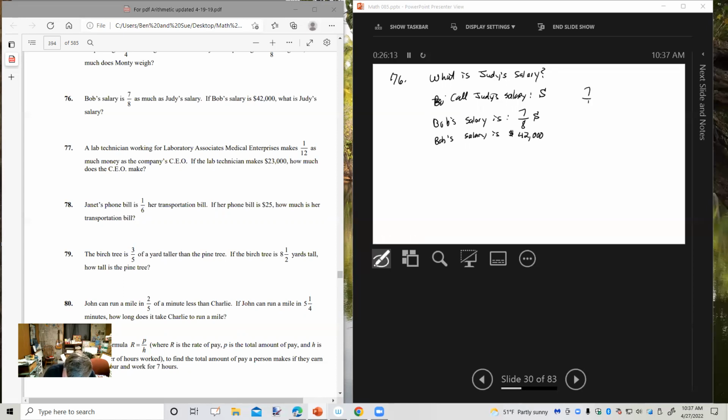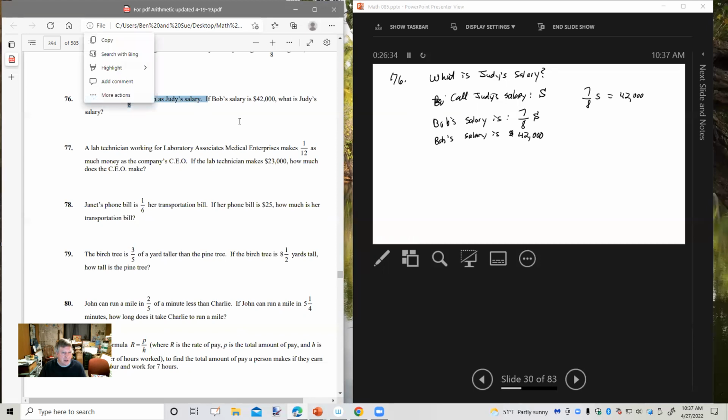So 7/8 S equals 42,000. Notice something about these problems. The question is about Judy, but the equation is about Bob. How can we do that? Because there's a relational statement here comparing Bob and Judy's salary.